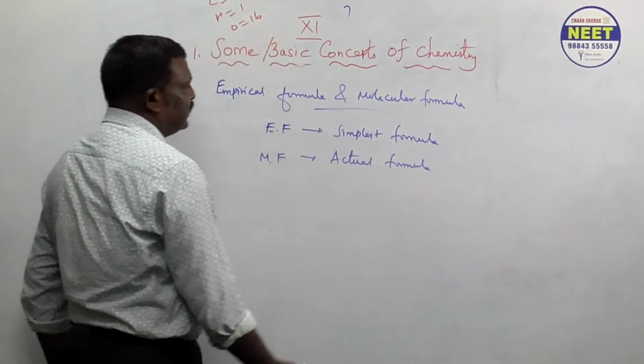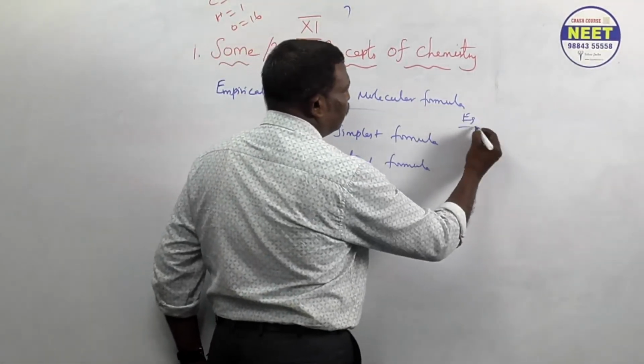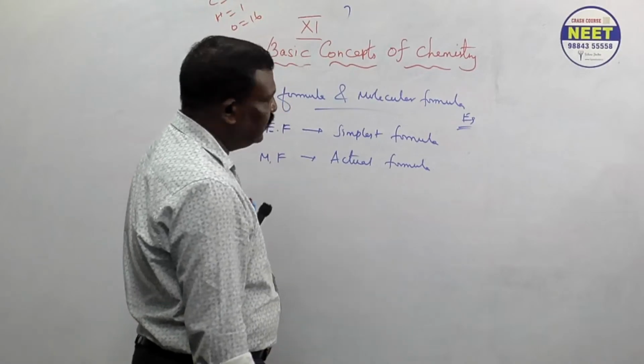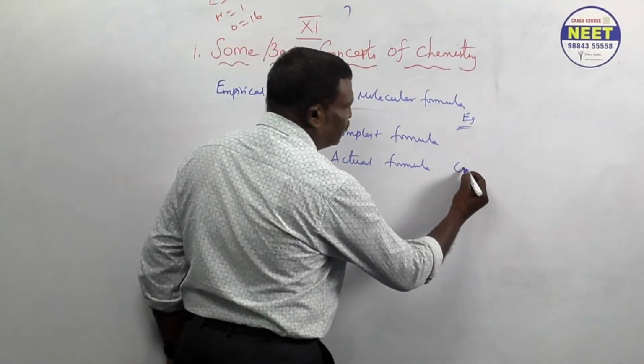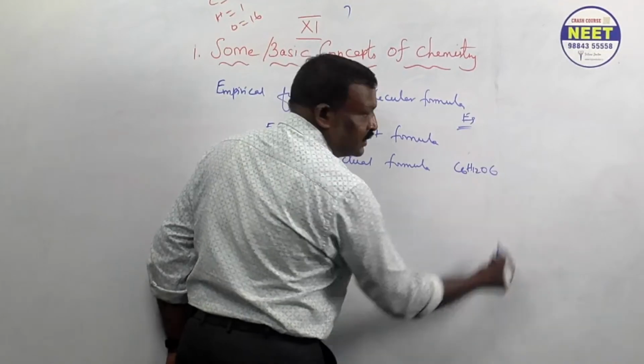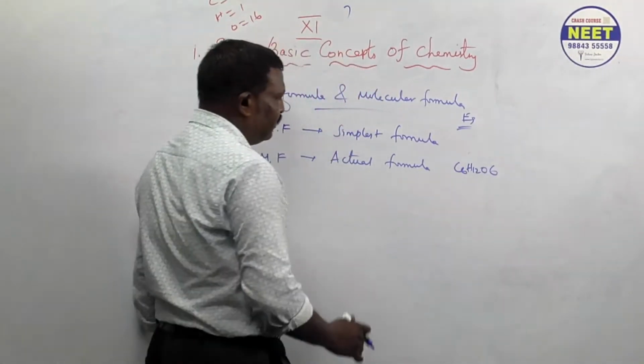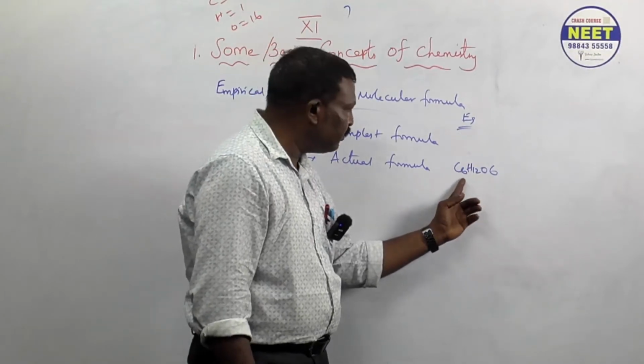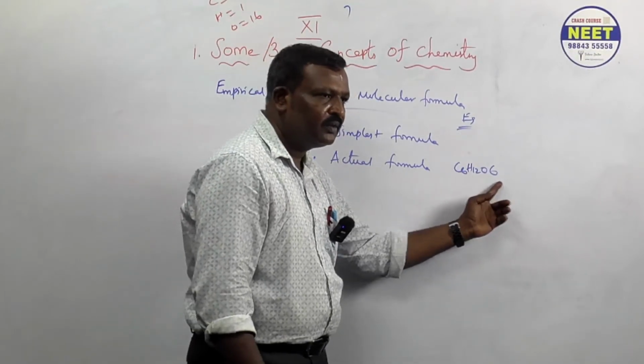For example, the actual formula for glucose is C6H12O6. So 6, 12, 6. If we divide by 6, everyone, we get what?